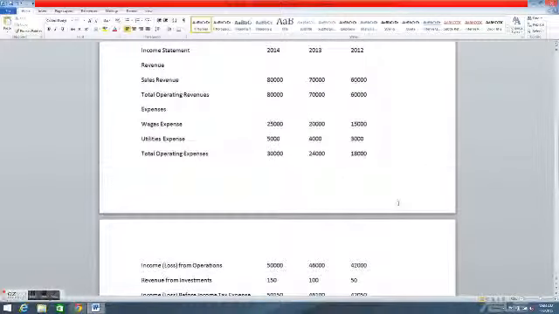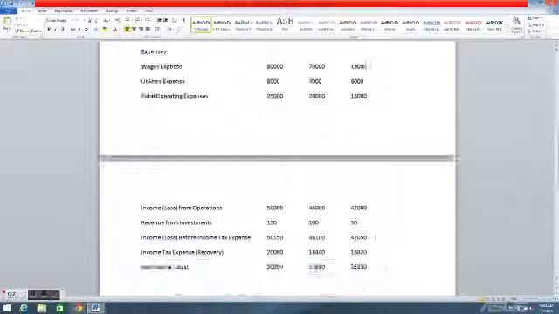So the difference between core results and peripheral results is that the core results are revenues or expenses that result from the main activities of the company, and the peripheral results are revenues or expenses that result from activities that are not the main activities of the company.